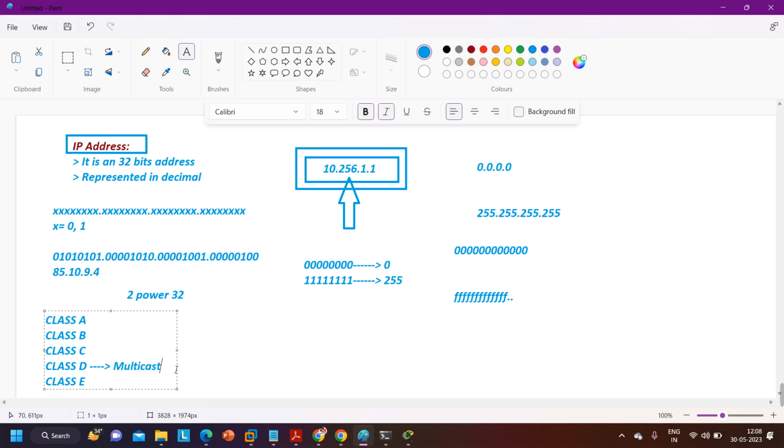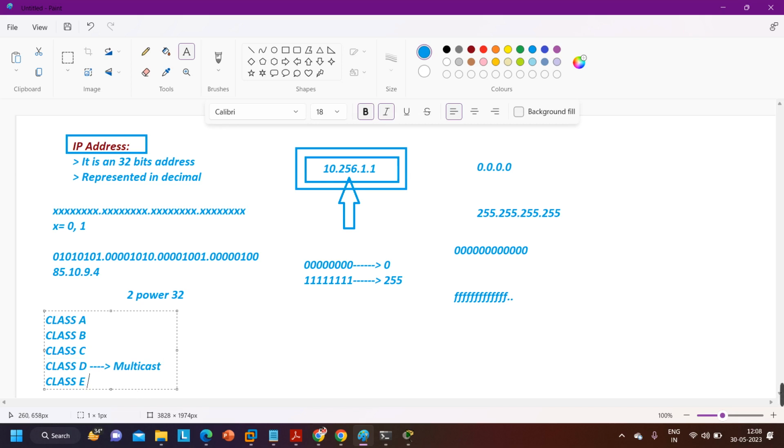So this class is reserved for multicasting. Whenever anyone needs a multicast address, they can reserve from this class. Let's say OSPF has reserved one IP address for sending their update message or hello message. EIGRP has reserved one IP address from this class. All the technologies and protocols which need a multicast address have reserved it from this class.